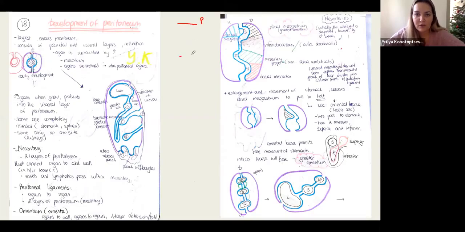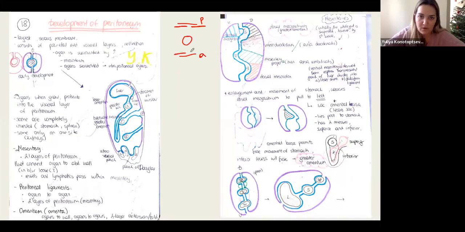We have the anterior body wall here. And somewhere here in the center, that's the organ of interest, right? So where is the parietal mesoderm, or parietal layer of the peritoneum, going to be? Only on the body wall. So you do not even care where else it is present. It is only going to be present on the body wall.